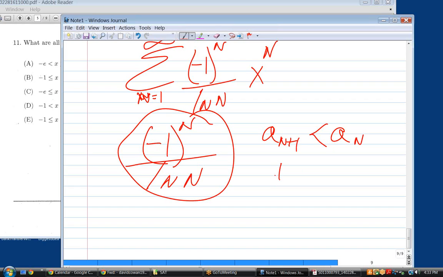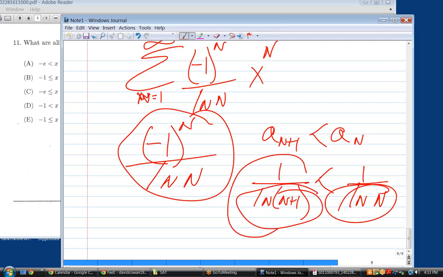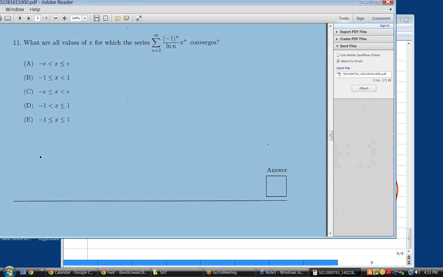So, in other words, is it true that 1 over the natural log of n plus 1 is always less than 1 over the natural log of n? And yes, this denominator is always bigger than that, which makes this fraction smaller than that. So, at the right-hand endpoint, it converges. So here's our interval of convergence, like that. And that matches D.